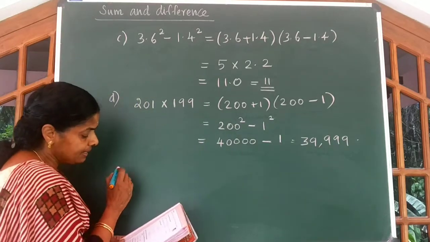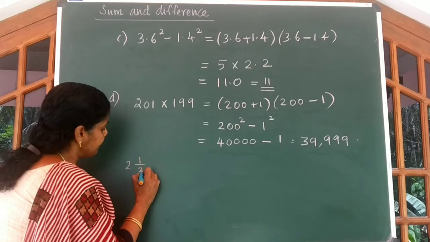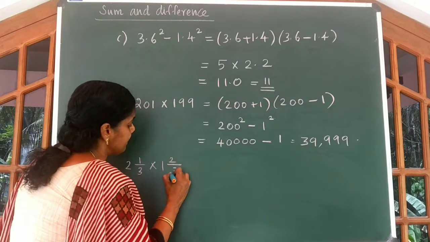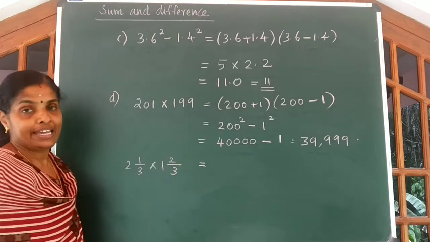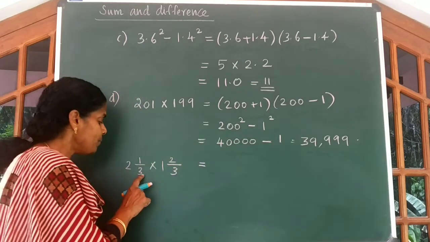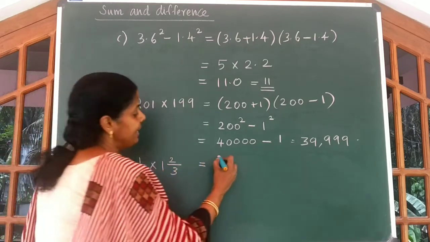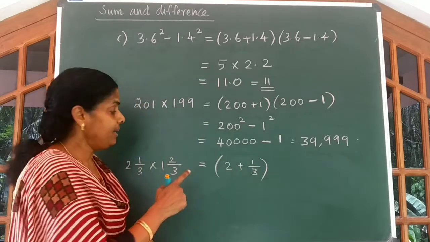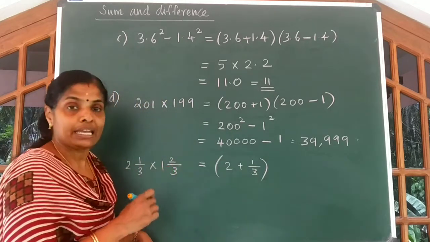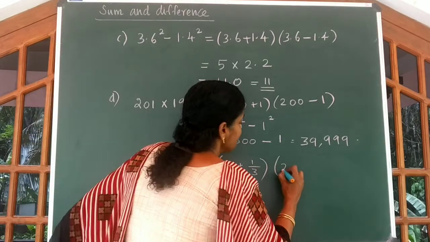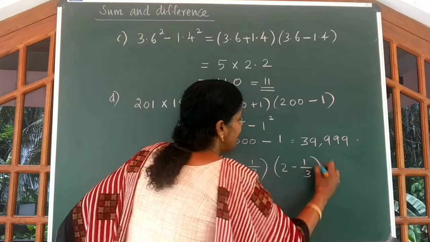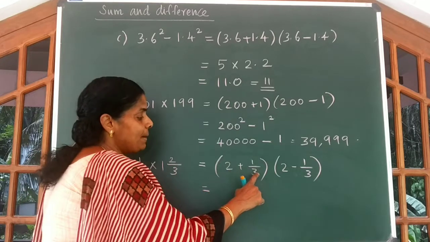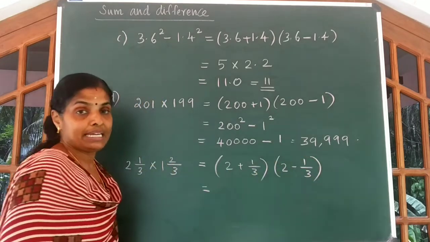Next question. 2 1/3 into 1 2/3. Here again you can understand 2 1/3 can be written as 2 plus 1/3, and 1 2/3 can be written as 2 minus 1/3. So again (a plus b) into (a minus b).